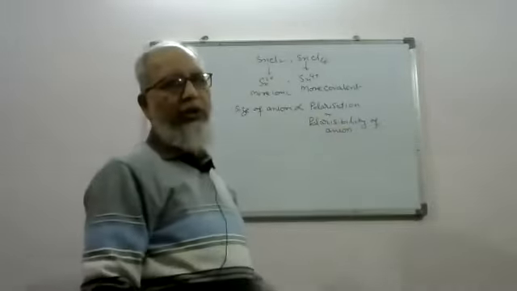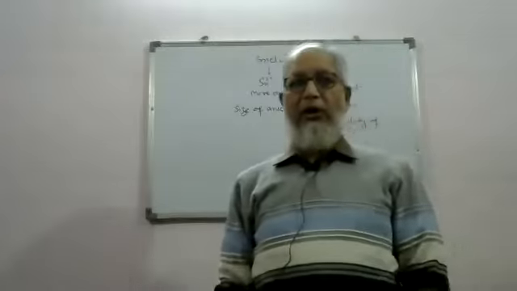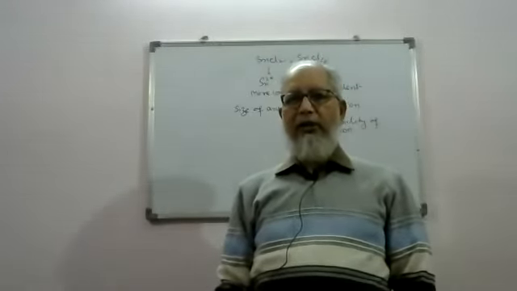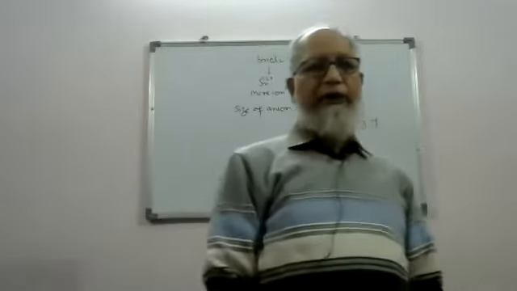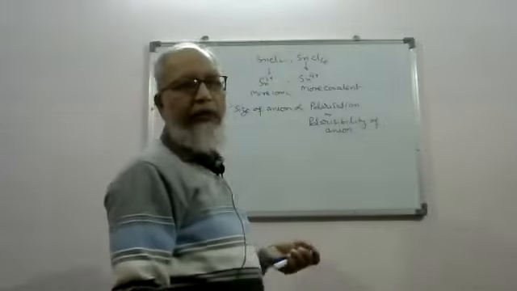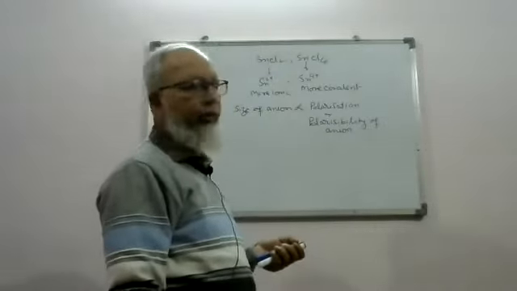When we talk about the cation, it is its polarizing power, and when we talk about the anion, it is the polarizability of the anion, because the tendency of the anion to get deformed is known as polarizability.